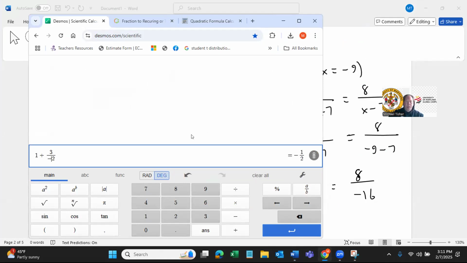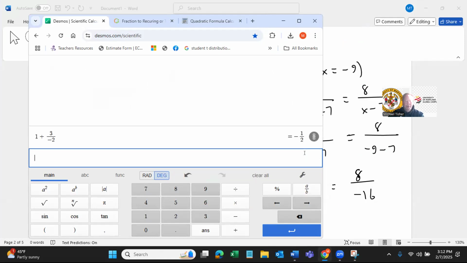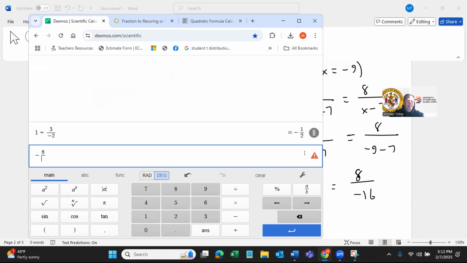All right, 1 plus 3 over -2 is actually -1/2. So it looks like it may not check out. However, let's verify 8 over -16 further. Okay, we'll convert this to a fraction. And lo and behold, -8/16 happens to be -1/2, which is what we want.